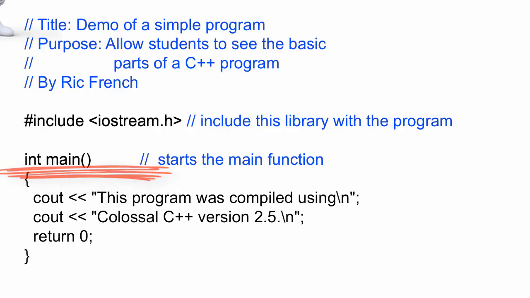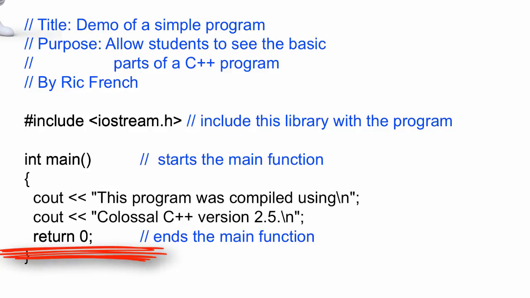Every C++ program has a main function. The main function starts there and ends down here. That return 0 semicolon means it's the end of the function. So at that point, we've started it and we've ended it.